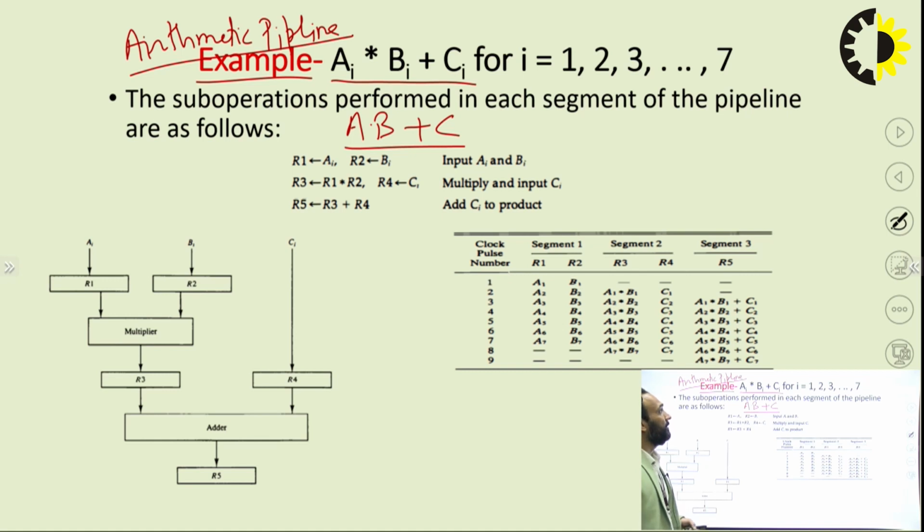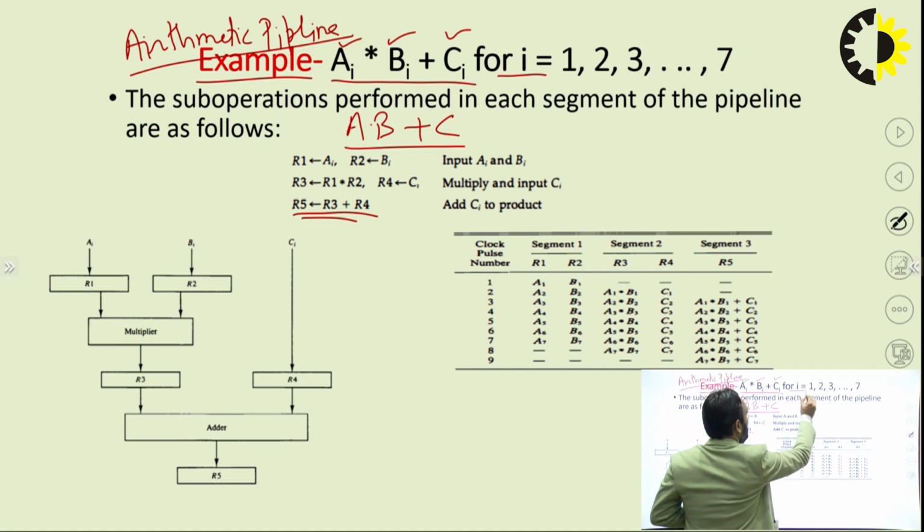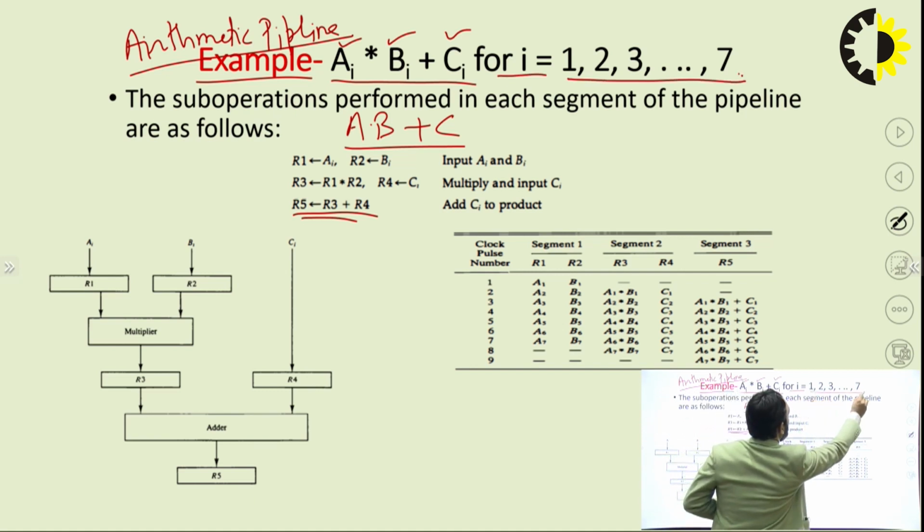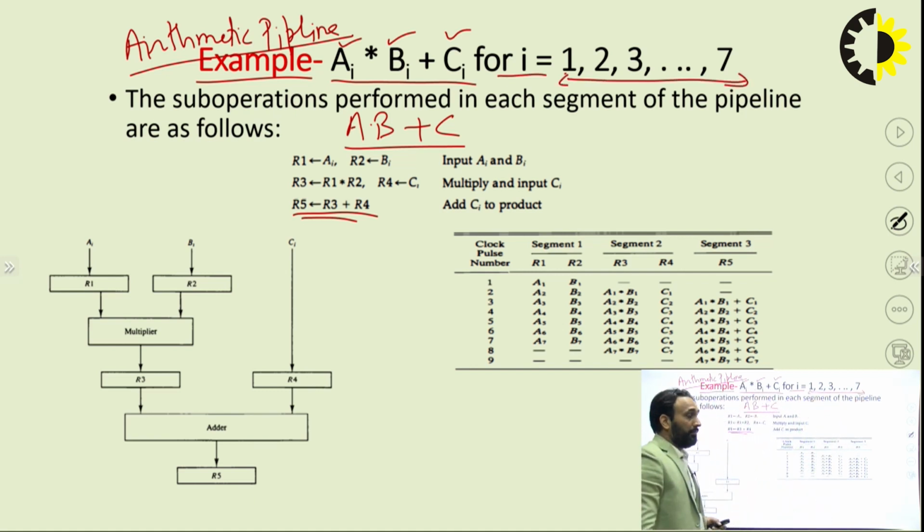It is done with the help of the given example. As we see on the screen, we have 3 variables A, B, C, and the number of executions is 1 to 7. So this equation will execute 7 times. How will it be done?